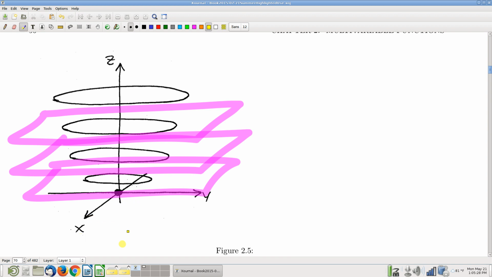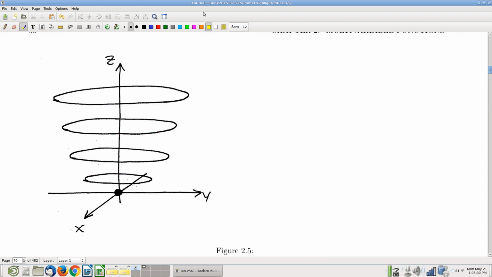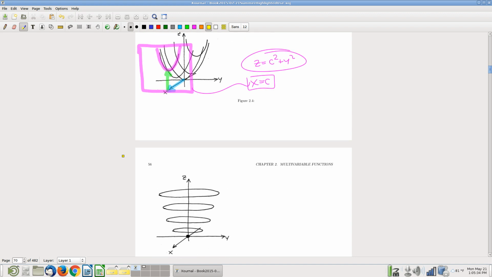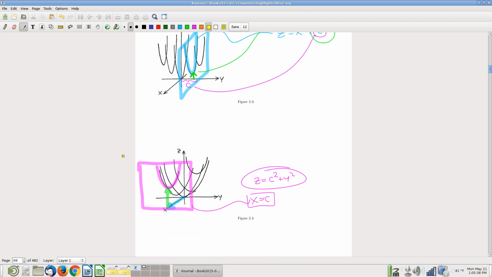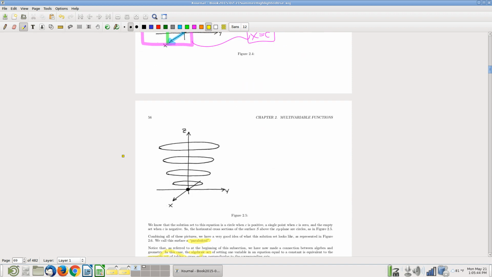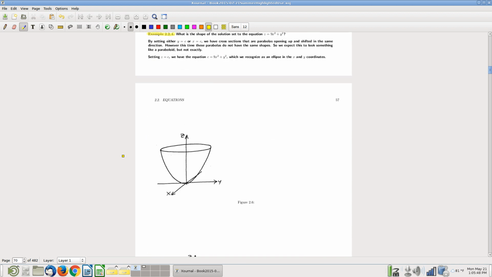Okay, so altogether, you use these three different pictures and you can piece together what this surface looks like. It's got those cross sections in the y direction, in the x direction, and in the z direction, and it's a bowl. Everybody happy? There's a bunch of work to get that conclusion, but that's the conclusion.